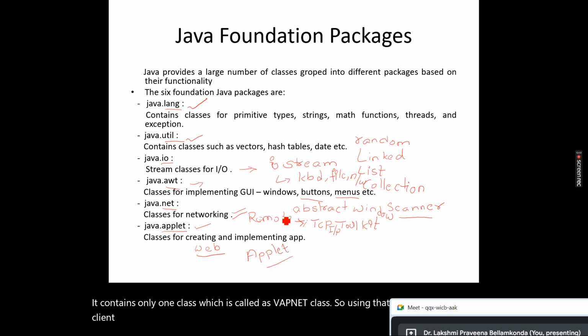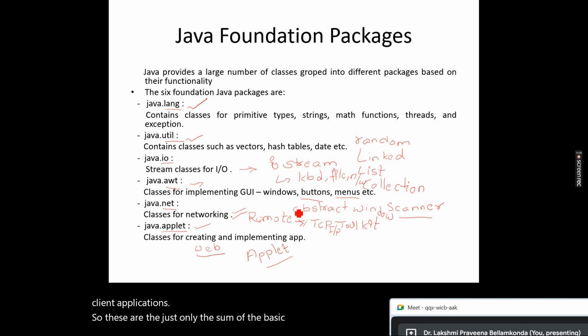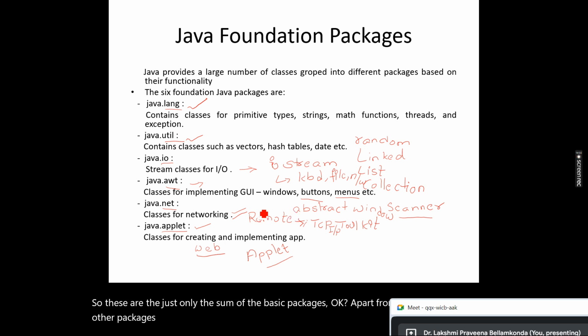So these are just some of the basic packages. Apart from this, we have a lot of other packages within Java, which we can use to create different types of applications within the Java language.